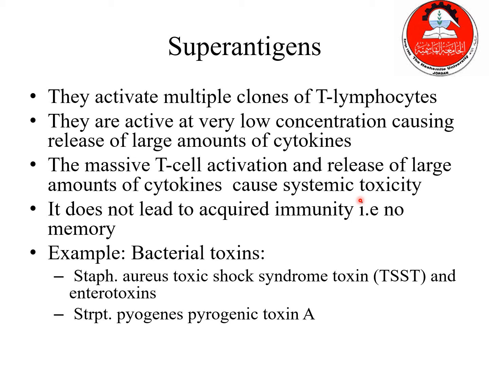Hypo reaction or hyper reaction is going to cause destruction more than benefit to the human body. وبالتالي في حالة السوبر antigen it's going to activate multiple clones of the T lymphocyte at very low concentration. It's going to lead to a release of large amounts of the cytokines, and this is going to lead to systemic toxicity. All this immune system response is not going to lead to formation of memory cells against this toxin.